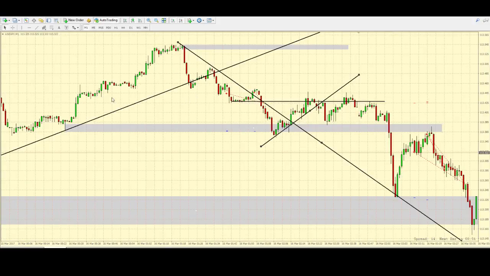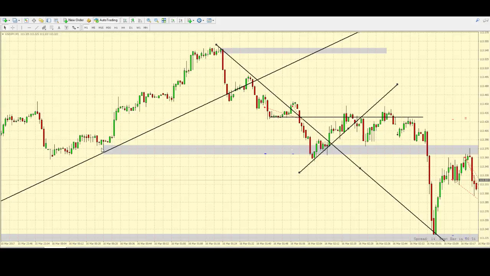Okay. So anyway, we identify a little range over here, right? It goes into the range, comes out, and then retests the lower low that's being made after the direction change from up here.